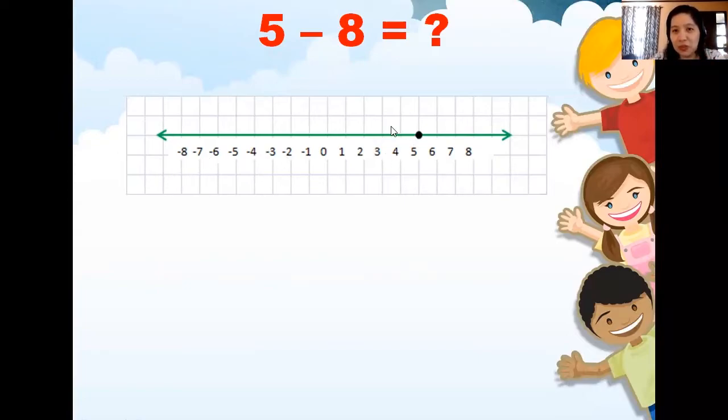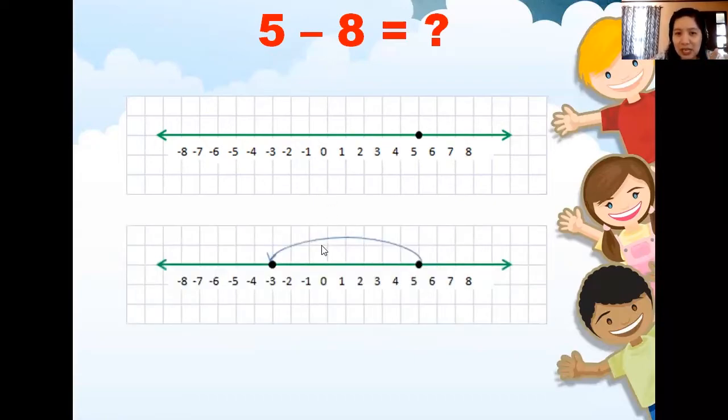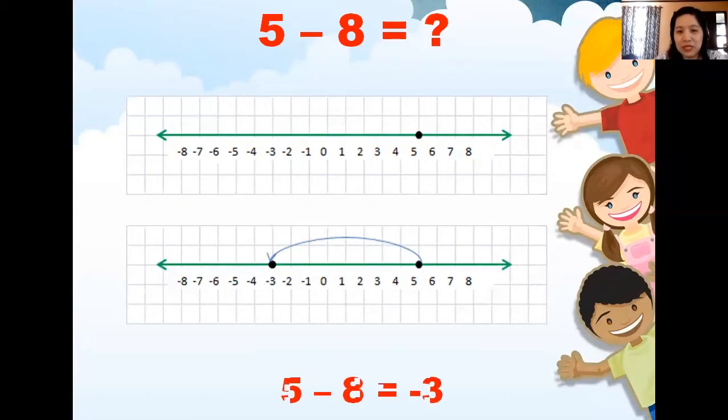That means you will go to the left. How many units? That is 8 units to the left. So from here, we move 1, 2, 3, 4, 5, 6, 7, 8, 8 units. And we stop at negative 3. So we say 5 minus 8 is equal to negative 3.